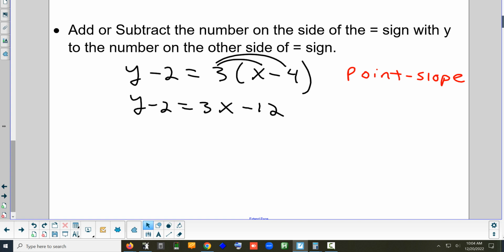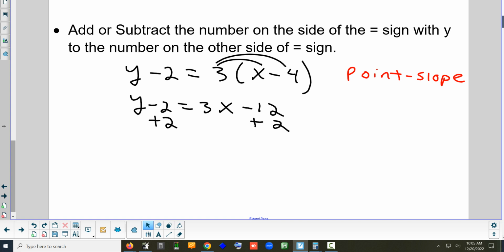Now, this equation right here, it's in between. It's not point slope anymore, but it's also not slope intercept because we don't have the y by itself. It's like it's in the middle of the two. So I did the distributive, and now I need to get rid of this minus 2. So what would I do to get the y by itself and put this minus 2 on the other side? We would add 2.